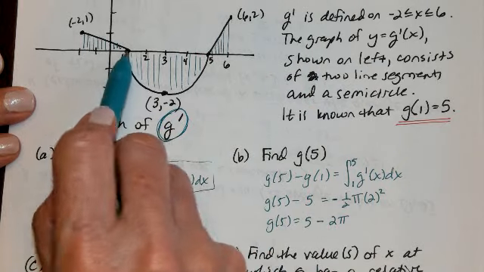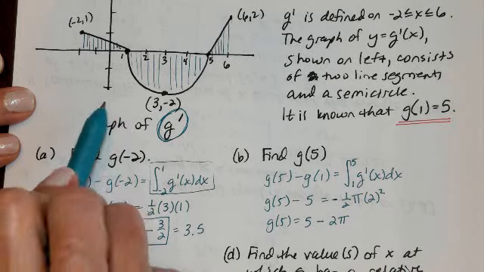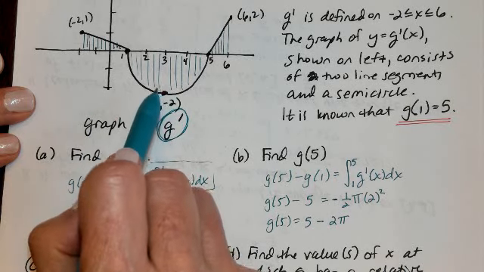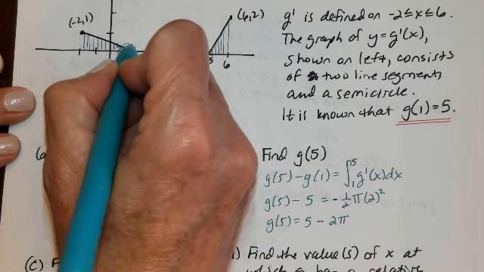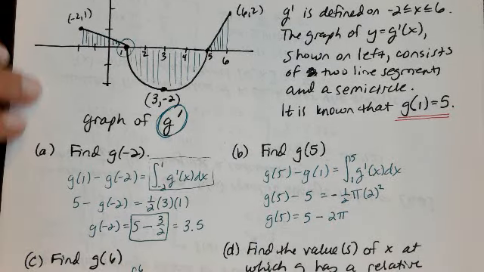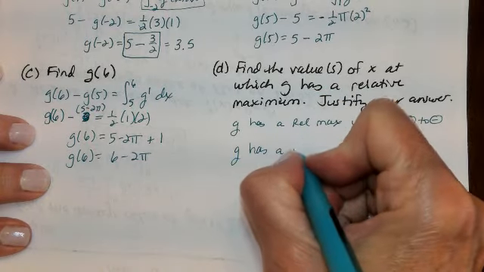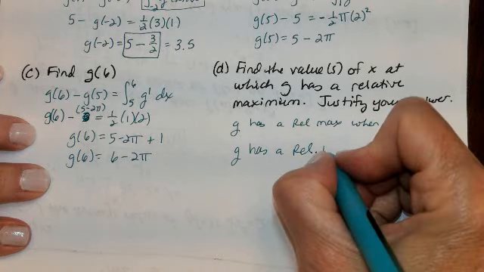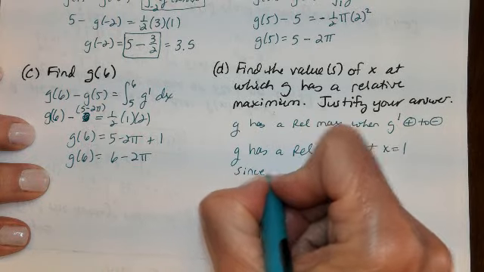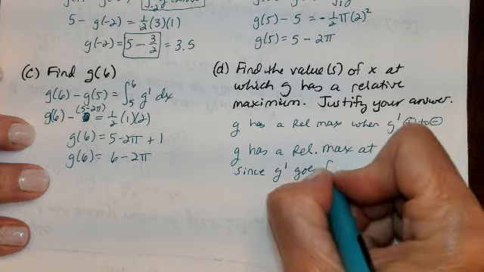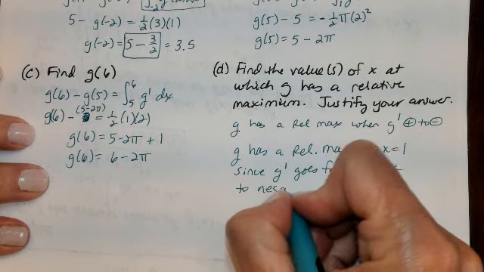G prime of 1 here is 0. G prime of 2 is right here. G prime of 3 is negative 2, right? We have lots of G prime values. Where does G prime go from positive to negative? Right here at x equals 1. So I will write G has a relative max at x equals 1, since G prime goes from positive to negative there.